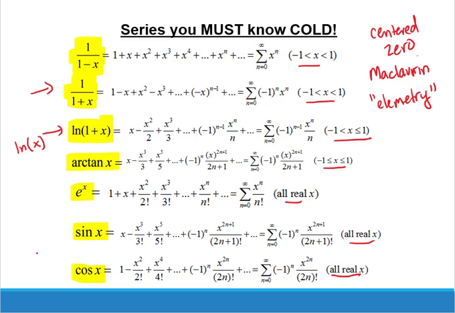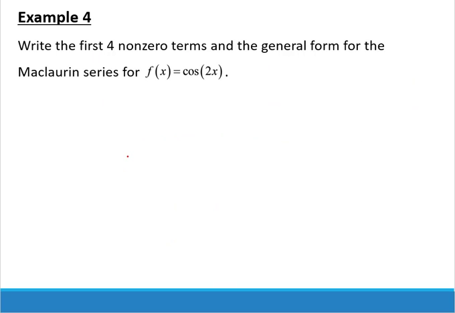Okay, last example. So write the first four terms and general term for the Maclaurin series for f of x equals cosine 2x. So what you could do is you could take the four derivatives if you wanted, okay? But if you realize that the approximation for cosine of x is this from that elementary series slide that I just gave you guys, and something I forgot to say on the last slide was you might want to go back and pause it and write all those down.